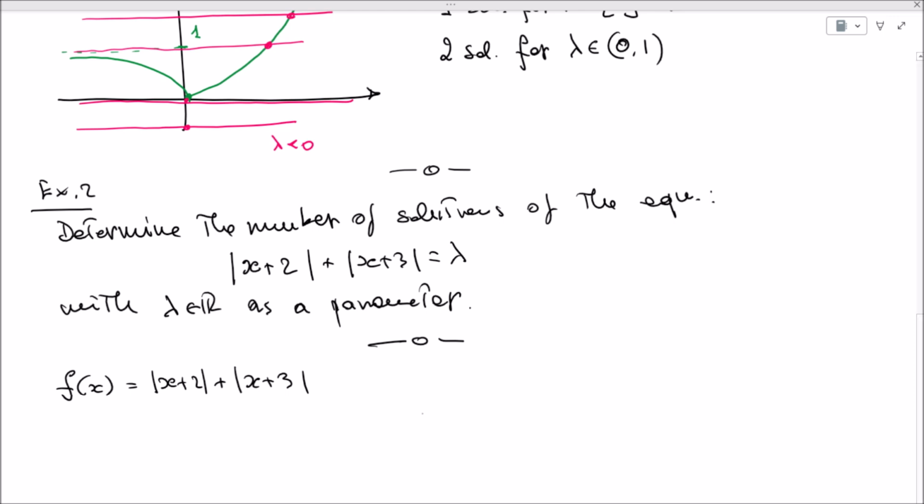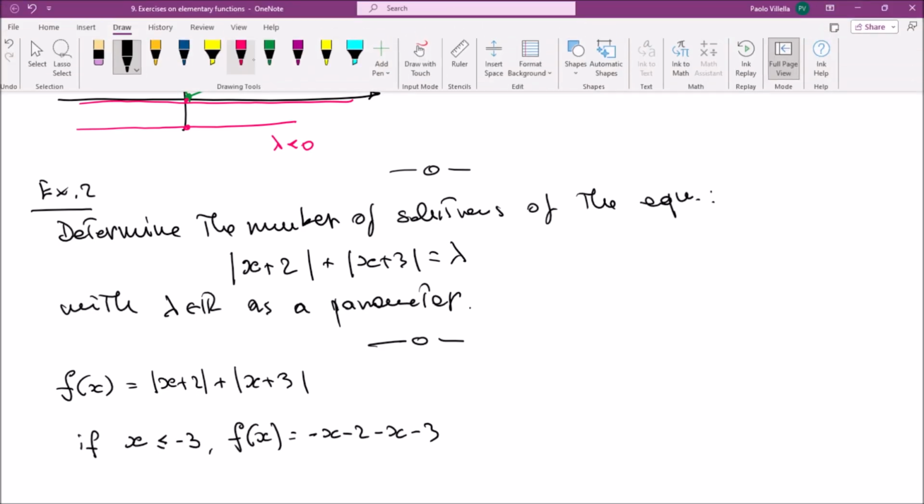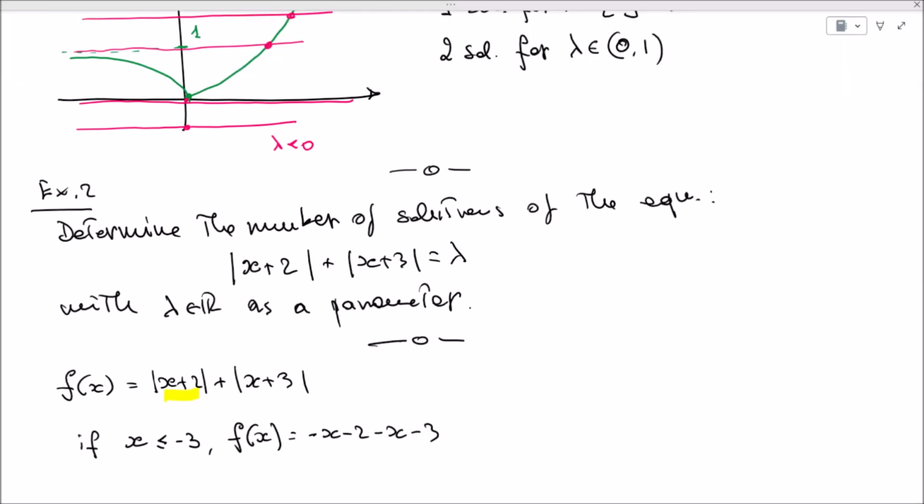And we immediately see that if x is less than or equal to minus 3, f(x) will be equal to -x - 2 - x - 3. In fact, both terms x + 2 and x + 3 are negative, so applying the absolute value consists just in inverting the sign, and so we get -2x - 5.